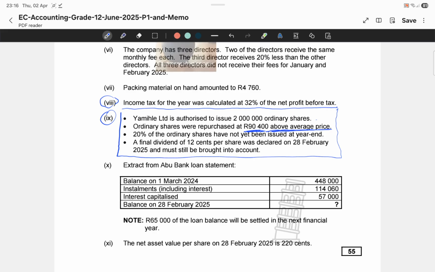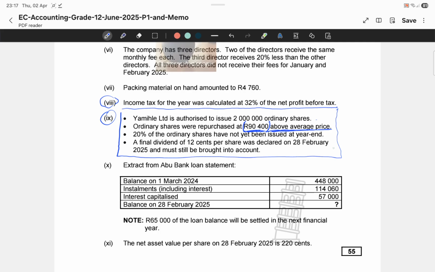And on the retained income note, we only record the loss amount, which means this one is going to be taken as it is, no calculations needed. Now, with this one of above average price, I'm going to elaborate more on it when we will be doing the ordinary share capital note and the cash flow statement.